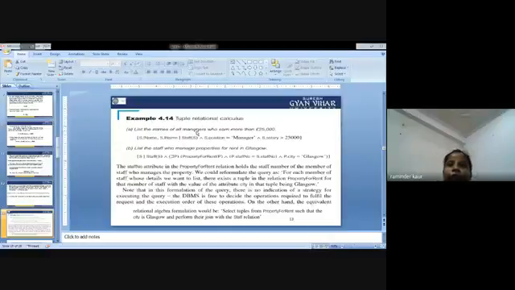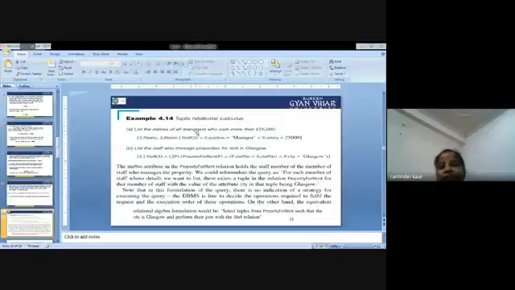List the names of all the managers who earn more than 25,000 rupees. That is staff.firstName, staff.lastName | Staff(s) and s.position equal to manager, and his salary greater than 25,000. So you are supposed to list the same.